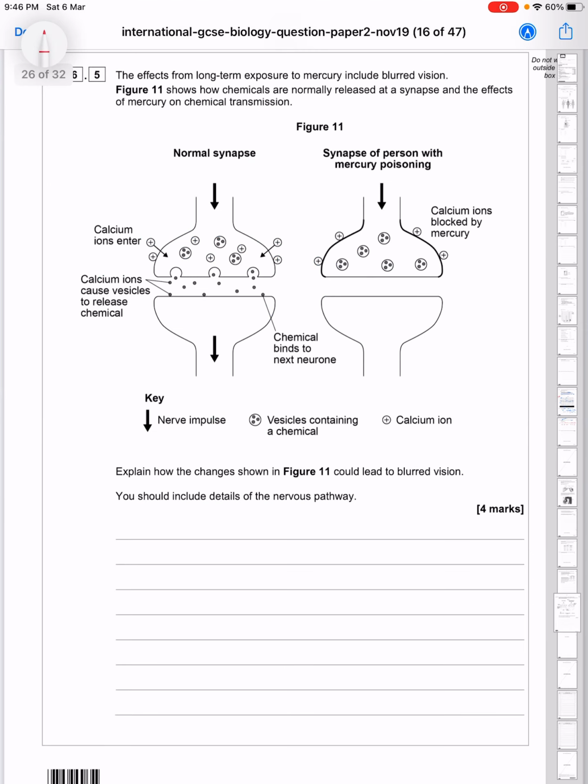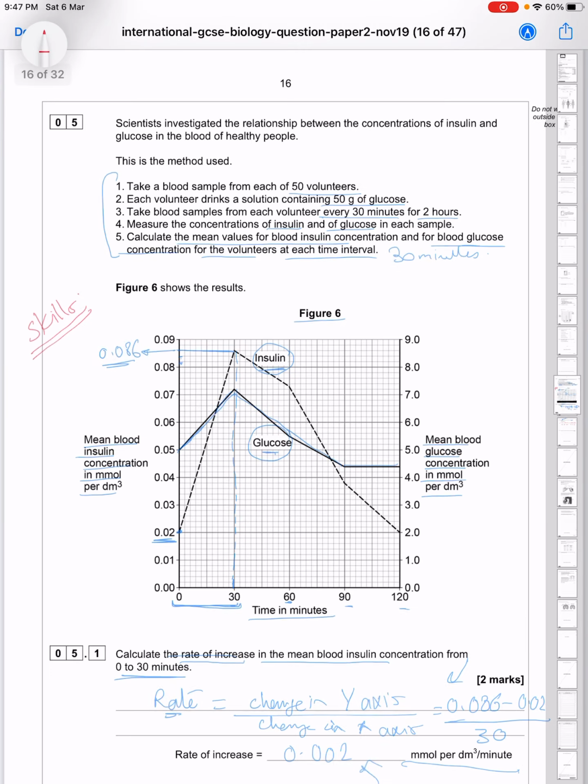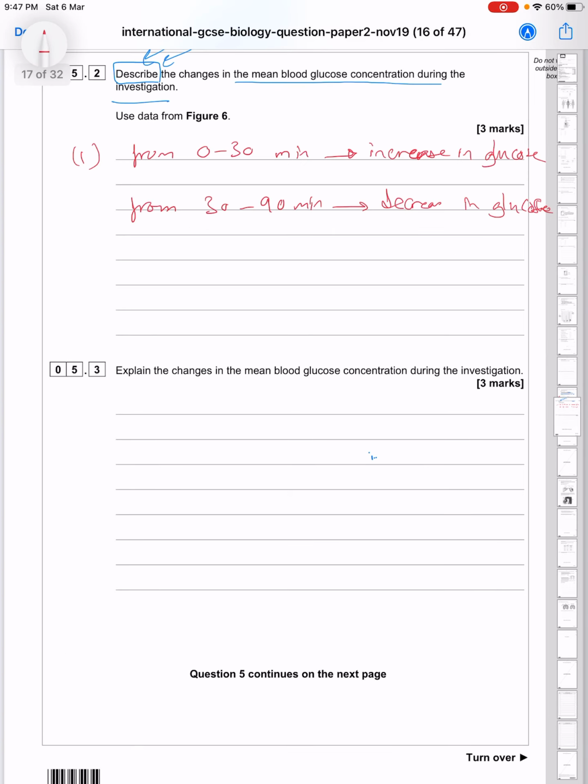Again, you don't need to mention the reason. That's the 2nd mark. Then finally, from 90 to 120 minutes there's a plateau. What I mean by plateau is no increase, no decrease. It's constant.